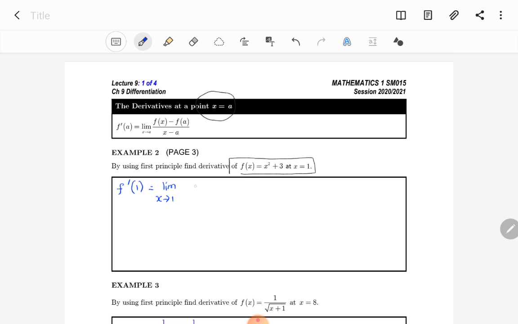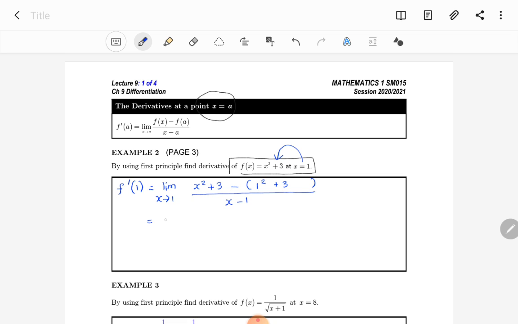Okay, we substitute f(x), x² + 3, minus f(a). So what is f(a)? f(a) is f(1). So we substitute 1 into the function. So it will be 1² + 3 and divide by x minus 1.